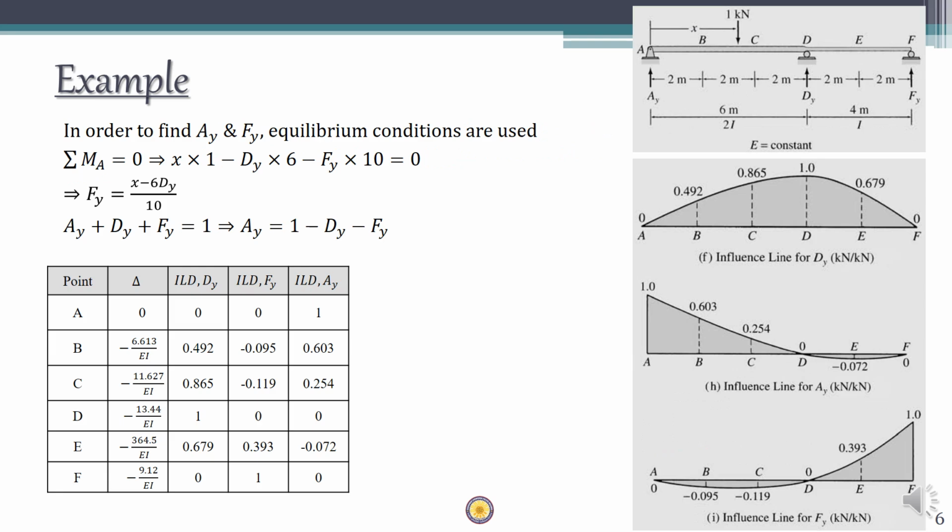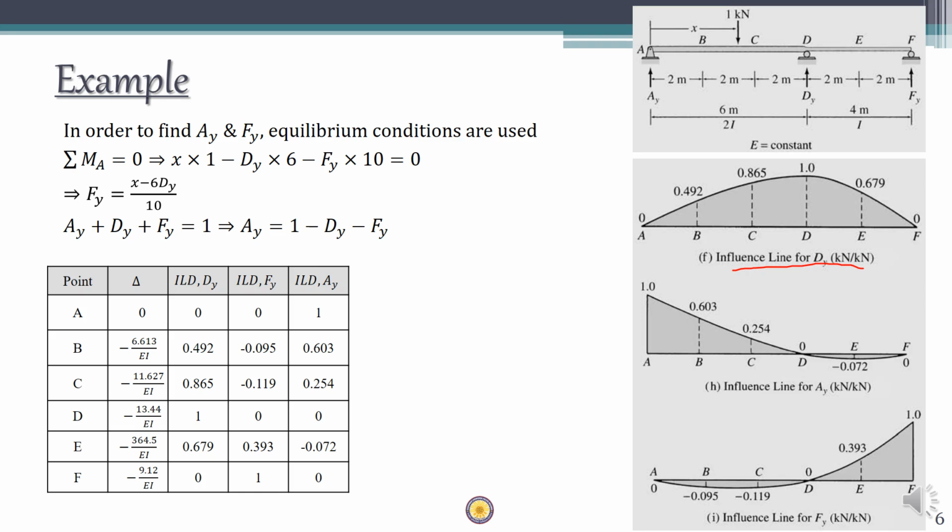Now that you have the ILD diagram for dy, which looks like this, you can find the other reactions, which are other than the redundant, which are ay and fy, by considering the equilibrium equation. Let's say that there is a unit load acting at a distance x away from A. So you can say sigma MA equal to 0.